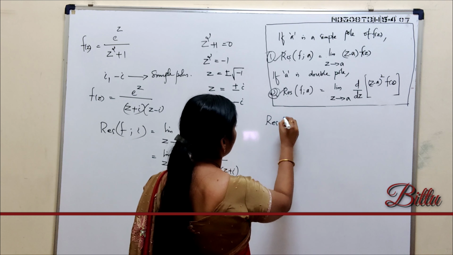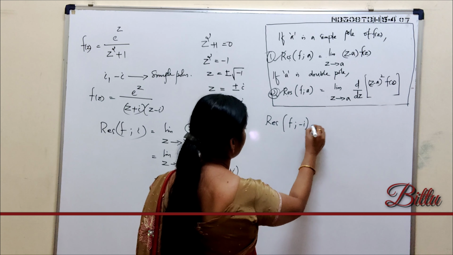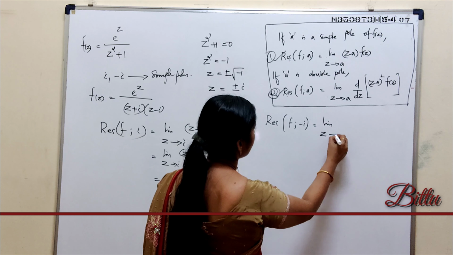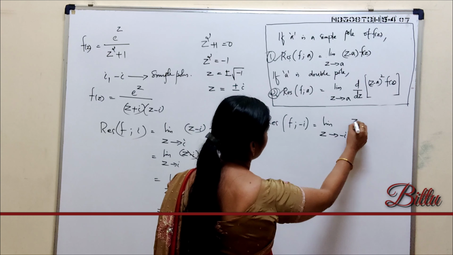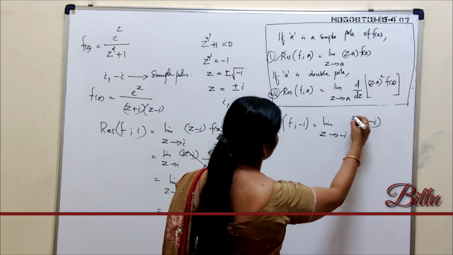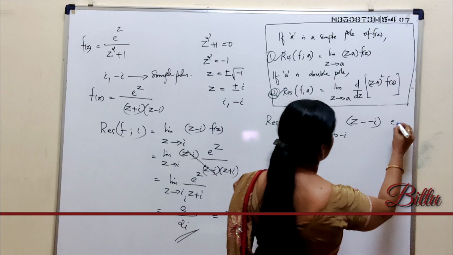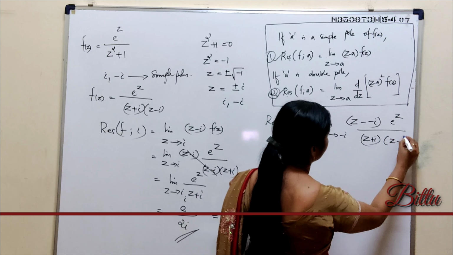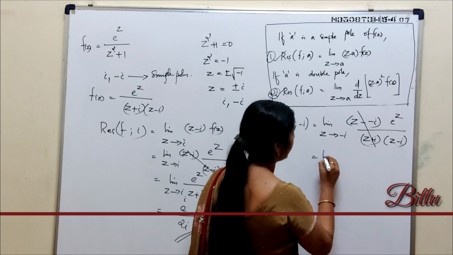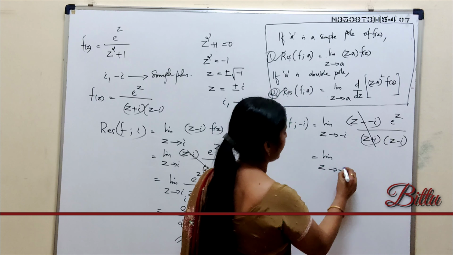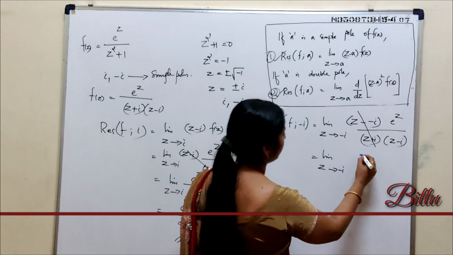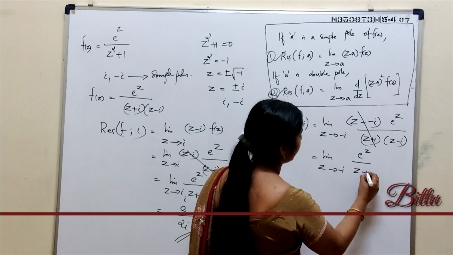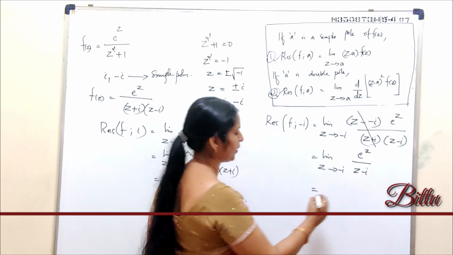Again, residue of f at minus i is limit z tends to minus i, z minus minus i into f z. F z is e raised to z by z plus i into z minus i. It is limit z tends to minus i, e raised to z by z minus i. You put z equal to minus i.